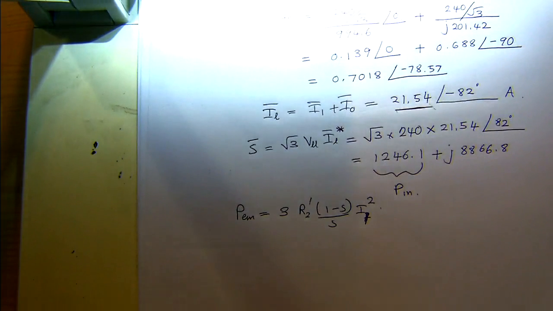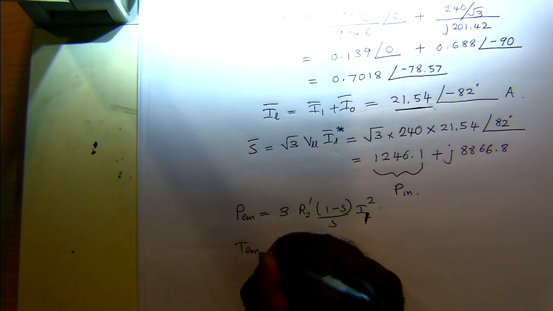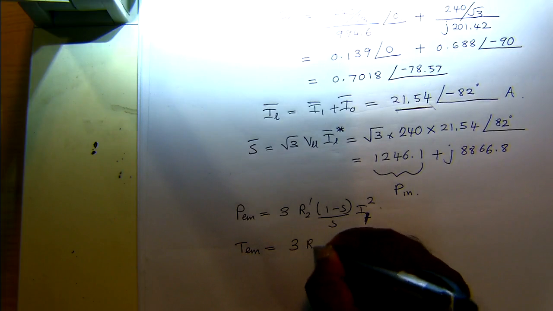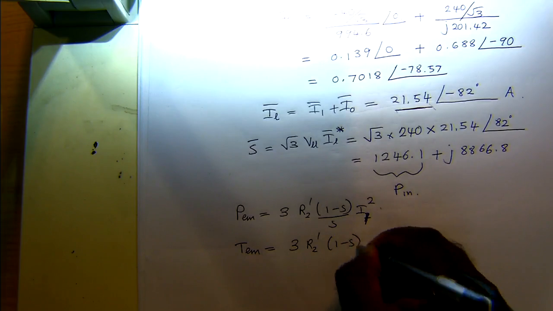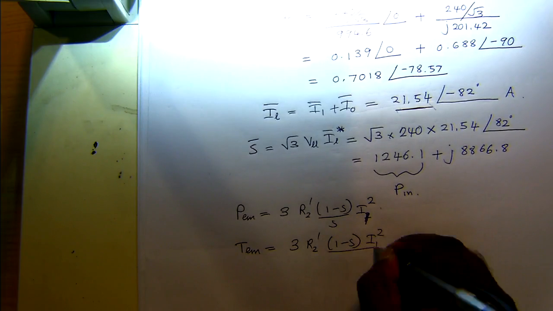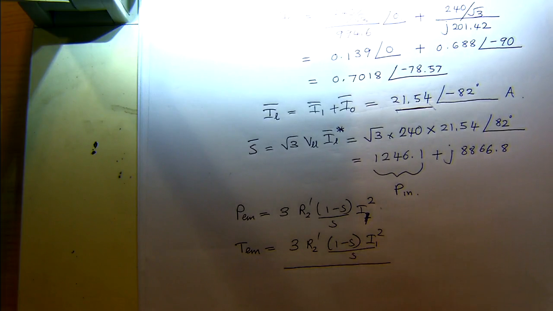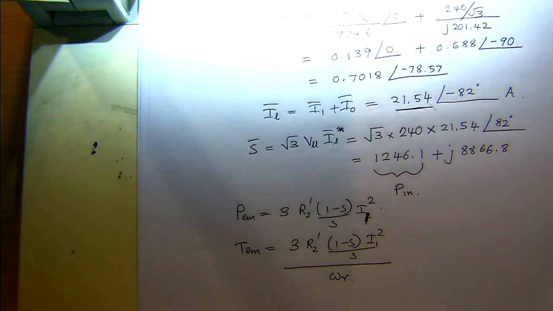And the electromechanical torque is 3 times R2 prime (1 minus s) I1 squared over s, divided by rotor speed. That's the torque equation. But under lock rotor conditions, it's 0 speed. So this is 0. So then you can't use this equation here.